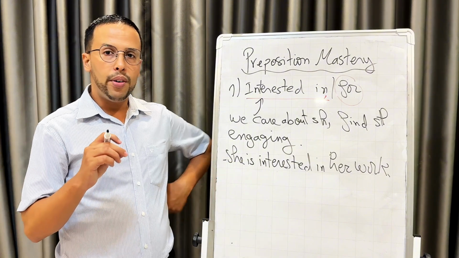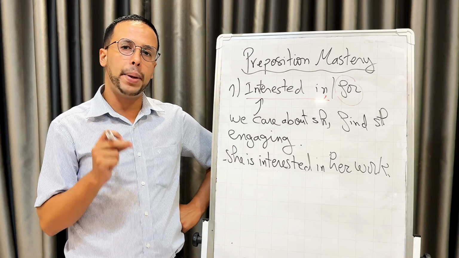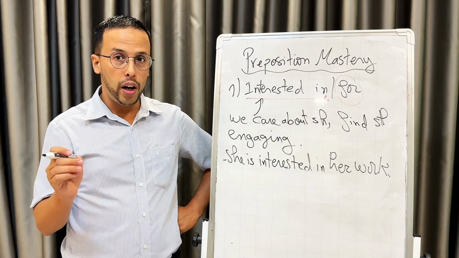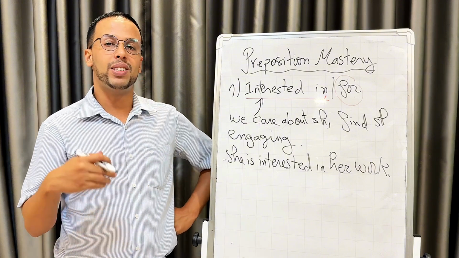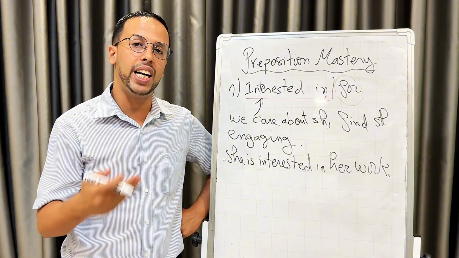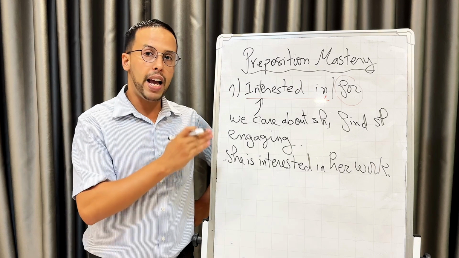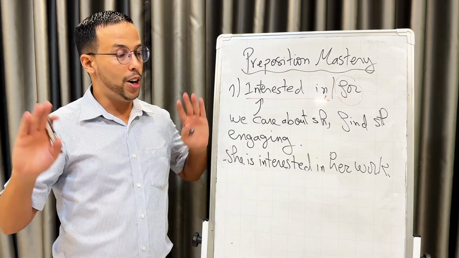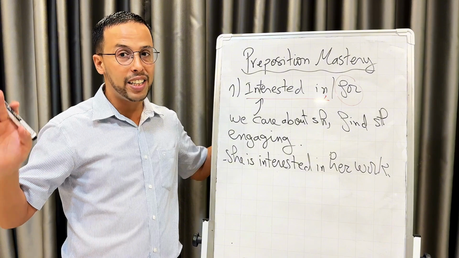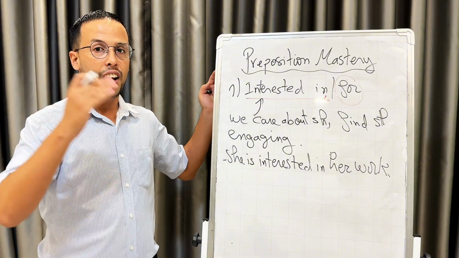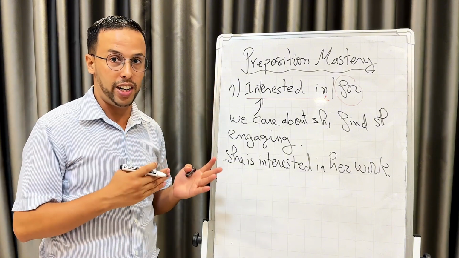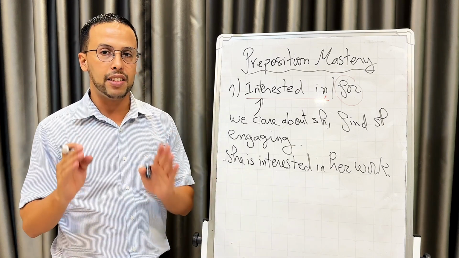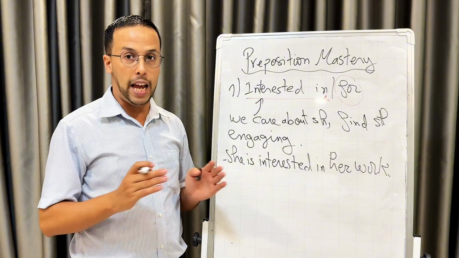All right. Now, here is where people get tripped up. If you say interested for her work, it sounds as if you are interested on behalf of her work. But let's be real, her work probably doesn't need anyone to be interested for it. It has already got enough on its plate.